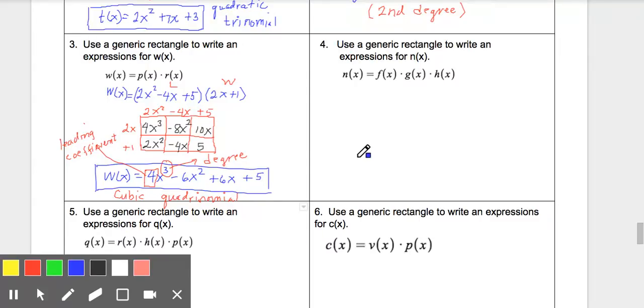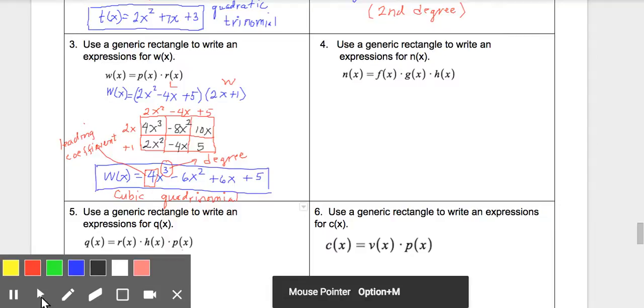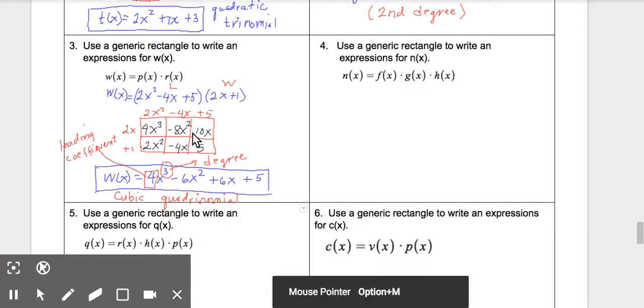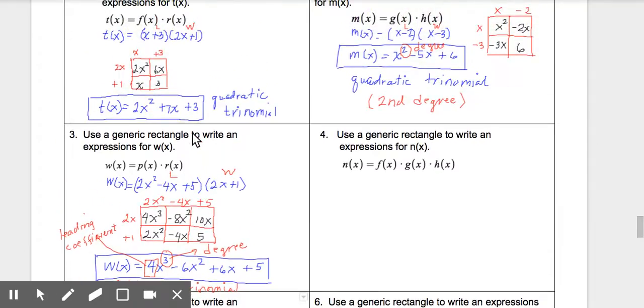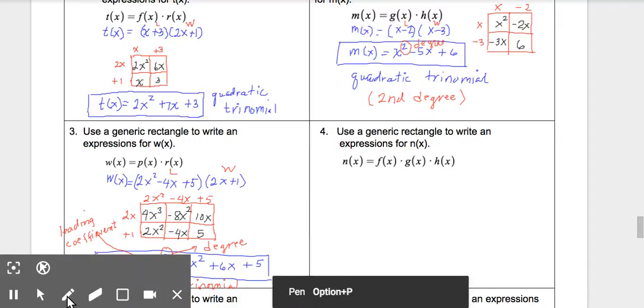Okay, let's go to number 4. Number 4 is n of x equals f of x times g of x times h of x. Let's go back to the table and find out what f of x is. Well, maybe I don't have to go to the table. I have f of x right here, which is x plus 3. G of x is x minus 2, and h of x is x minus 3. So let's just write that down.